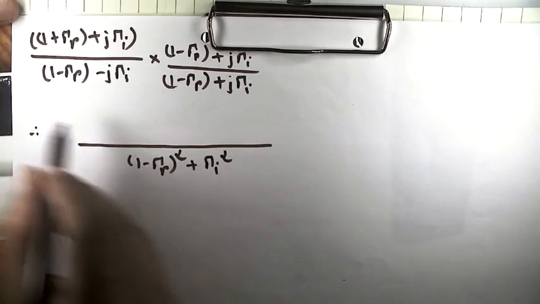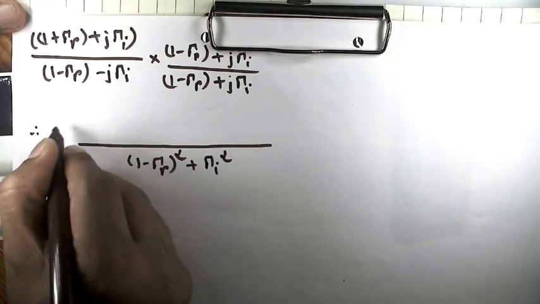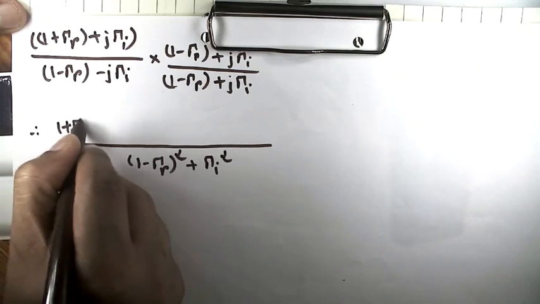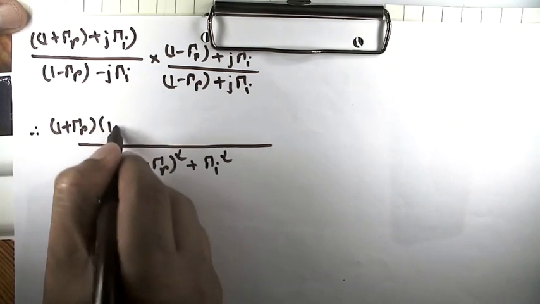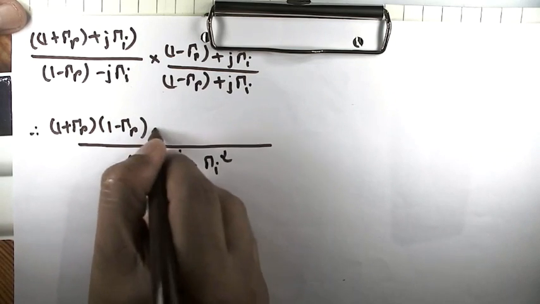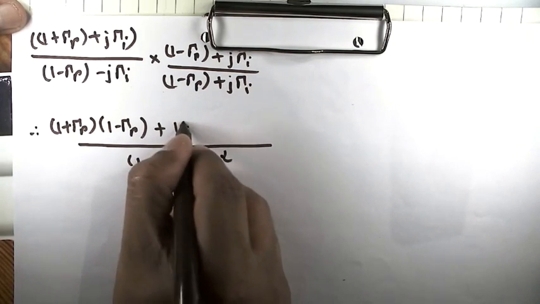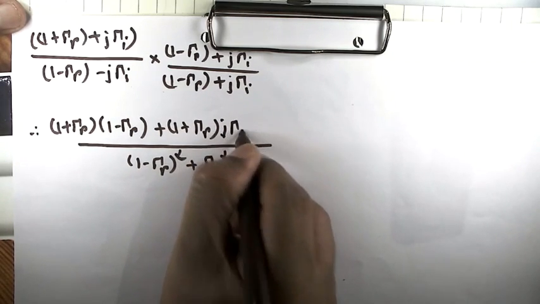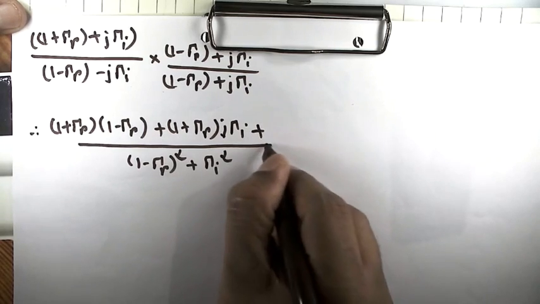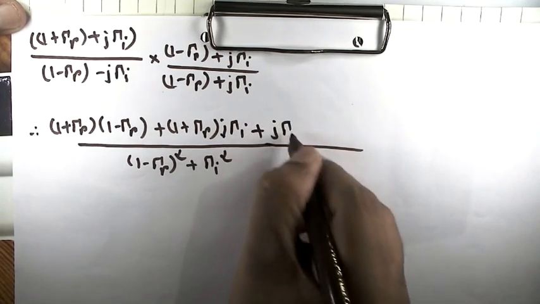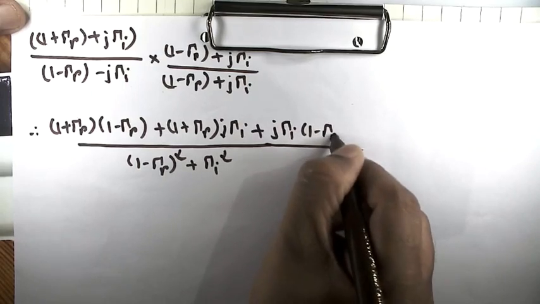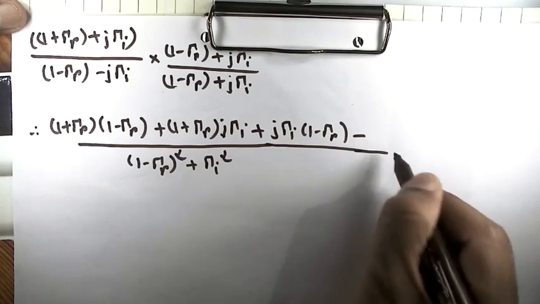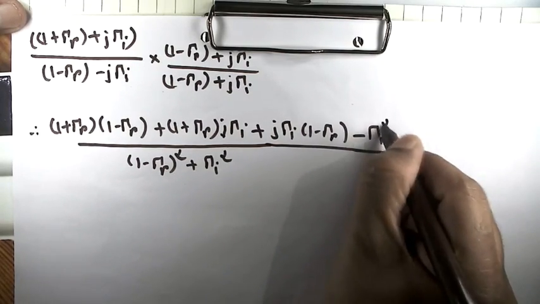So now let us simplify the numerator part. For that, let us multiply directly. 1 plus sigma r multiplied by 1 minus sigma r, plus 1 plus sigma r multiplied by j times sigma I, plus j times sigma I times 1 minus sigma r, minus, since j into j is j square, sigma I square.